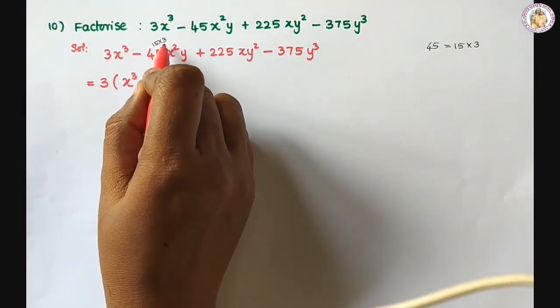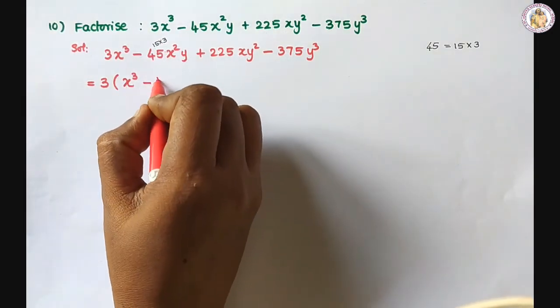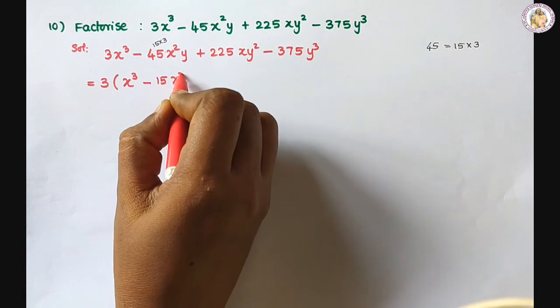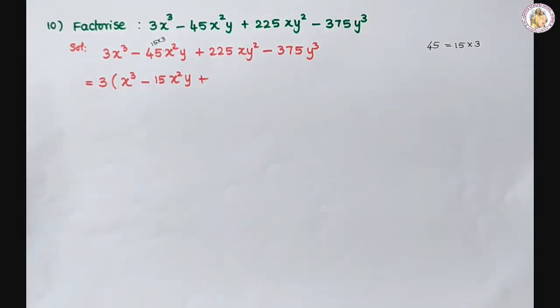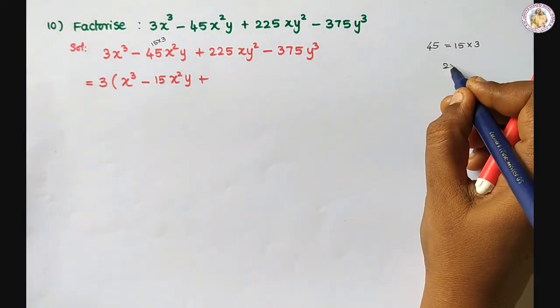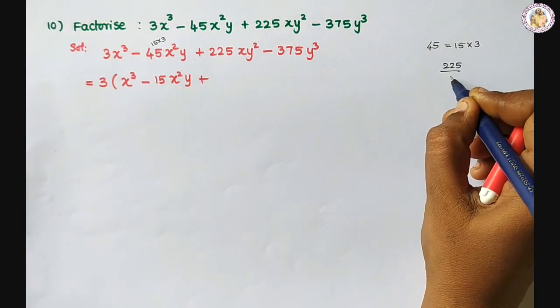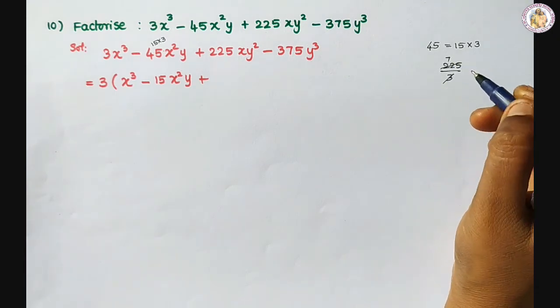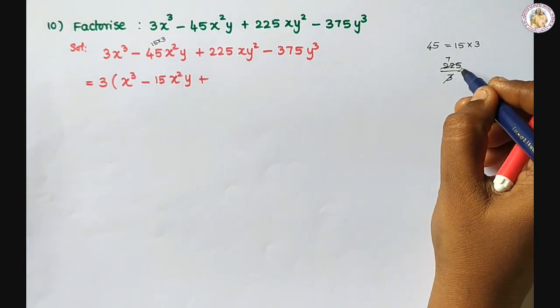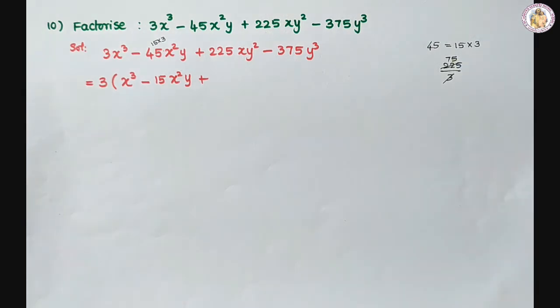Taken out 3 means what is remaining? 15. 15 x squared y plus here 225. 7 3s are 21, balance 1, it becomes 15, that is 5.